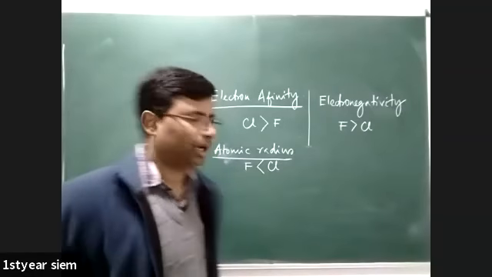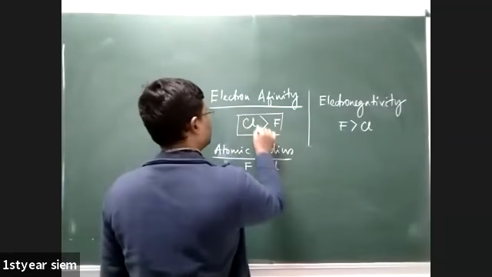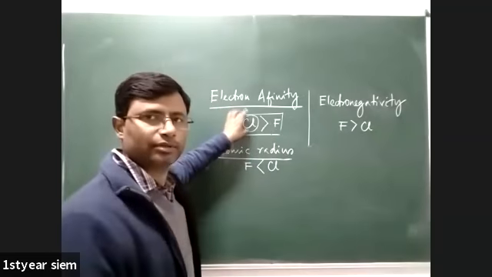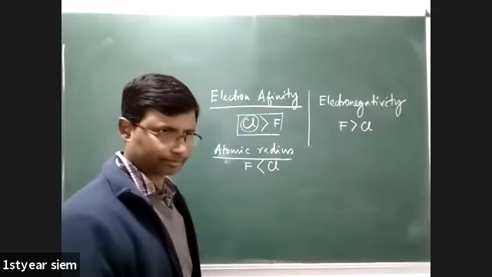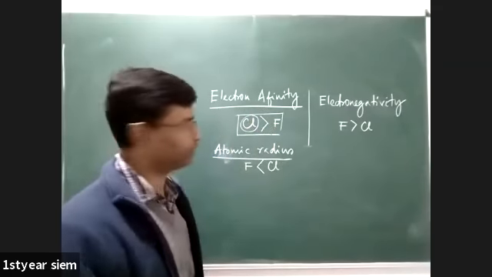But this is an exception. Chlorine has a greater size than fluorine, but its electron affinity is greater than fluorine. It should be less than fluorine, but it is greater.